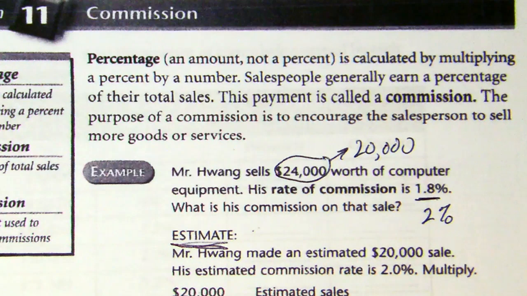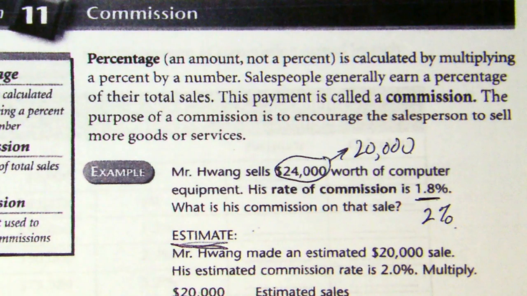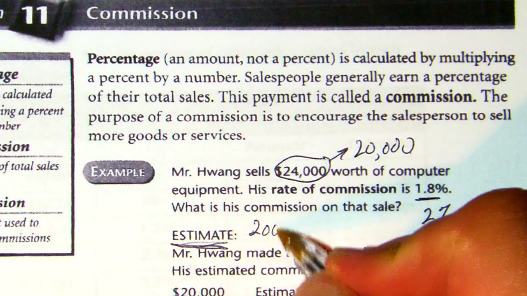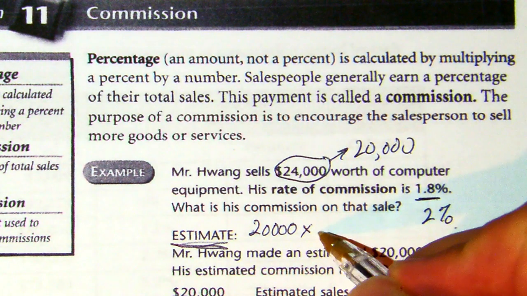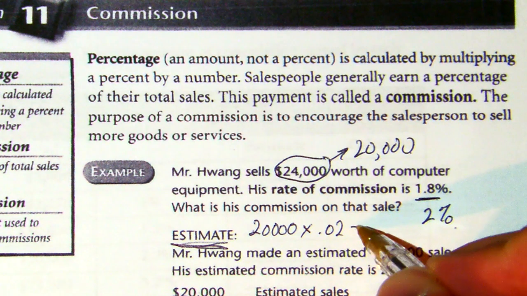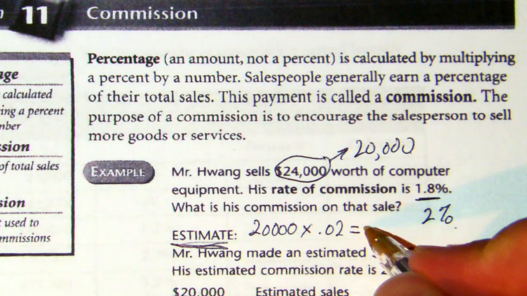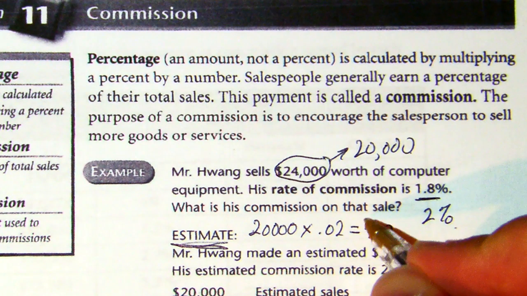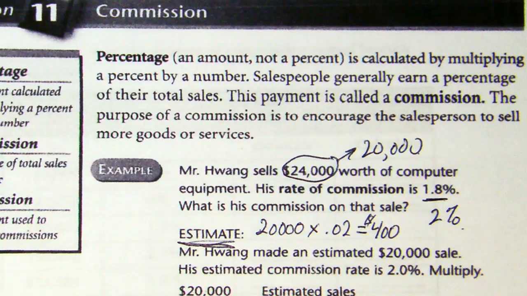So you're just going to take your 20,000, multiply it by 2%, and you've got to put the percent into a decimal. So it's going to be 20,000 times 0.02. When you plug that in your calculator, you're going to end up getting $400. To actually do the correct amount without estimating, they call it the calculate in this section.